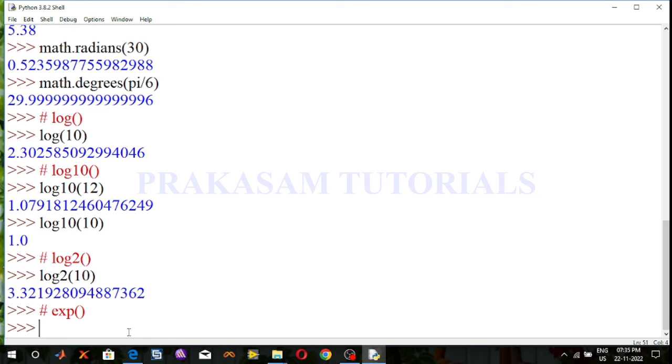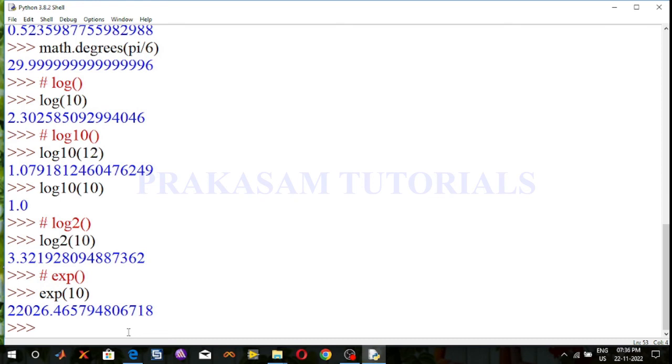The math.exp method is used to return a float number after raising e to the power of the given number. For example, exp of 10 means e to the power 10, and its value is 22026.46.